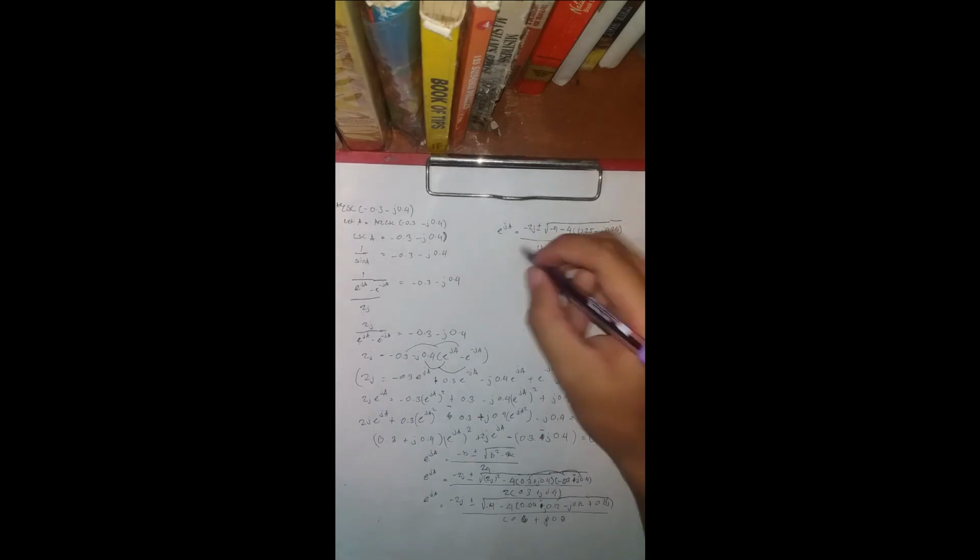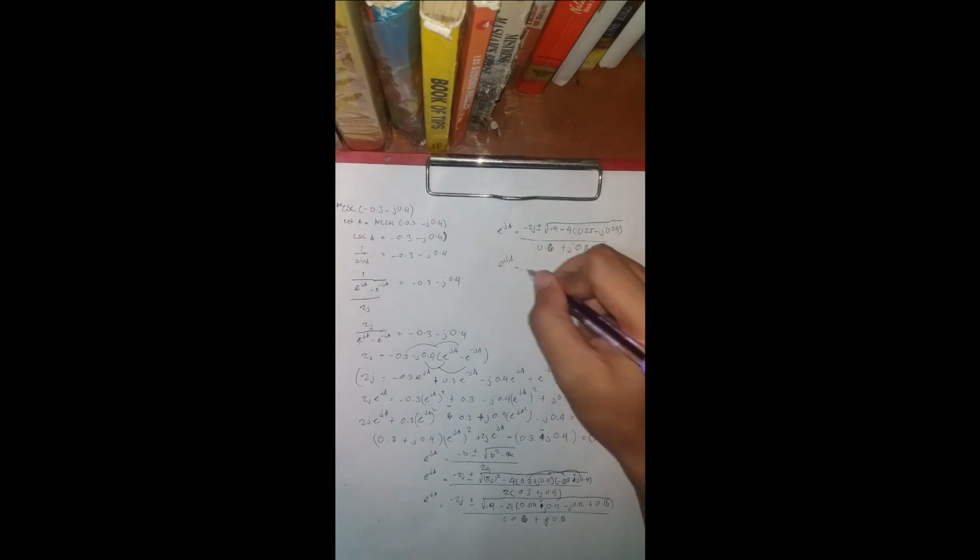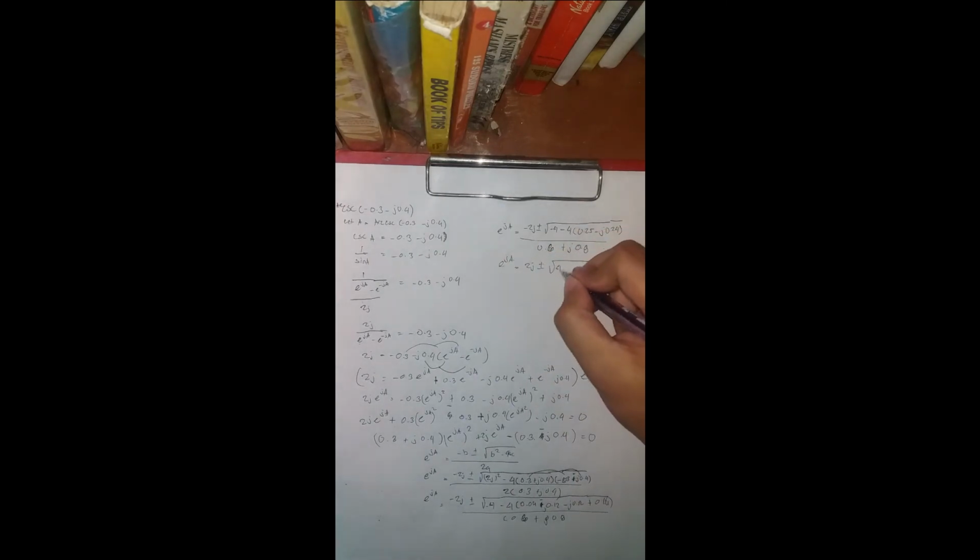So we can further simplify this. So we have e^(ja) equal to 2j plus minus square root of, let's say 4, so negative 1 minus 0.25 minus j 0.24 all over 0.6 plus j 0.8.